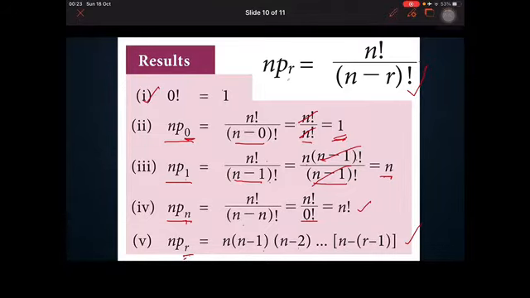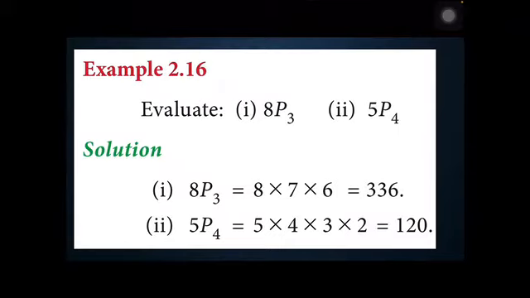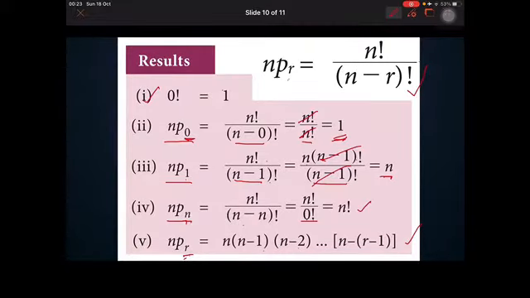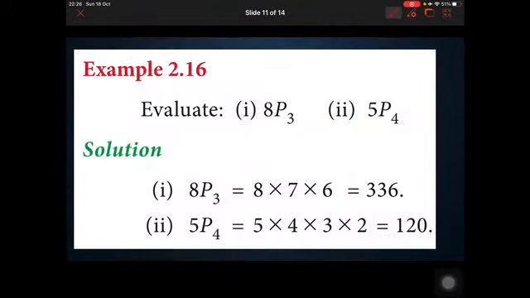Now example 16: evaluate 8P3 and 5P4. First 8P3, according to the fifth result. 8P3 is equal to 8 into 7 into 6.